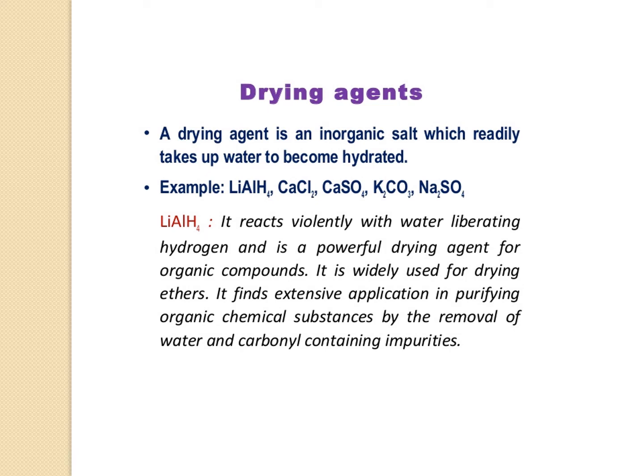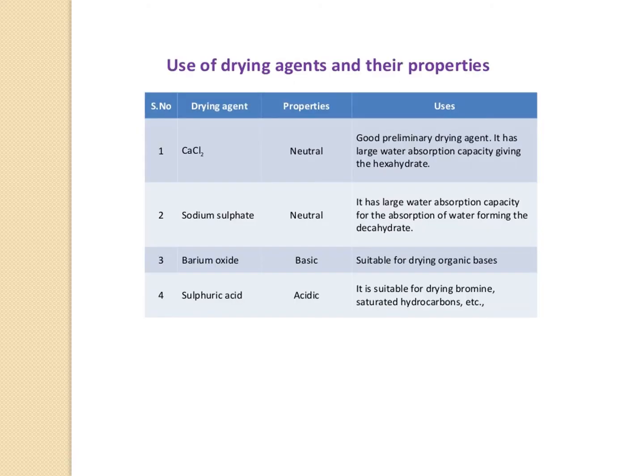It finds extensive application in purifying organic chemical substances by the removal of water and carbonyl-containing impurities. Drying agents, uses and their properties. Calcium chloride is a neutral salt and it is a good preliminary drying agent. It has a large water absorption capacity, giving the hexahydrate.